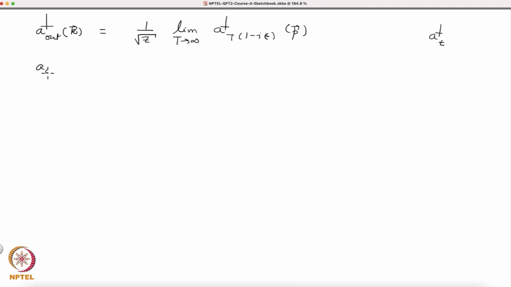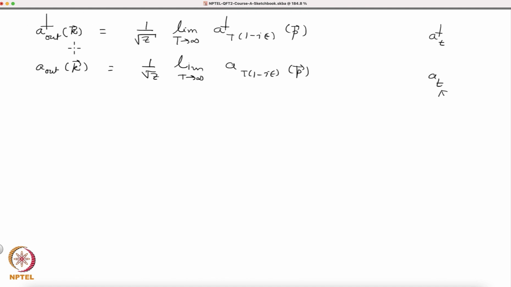And a out we will also define, which is 1 over square root of Z times this object, where again you have to take a of t, and then substitute for the small t, capital T times 1 minus iε, and take the T going to infinity limit, okay.